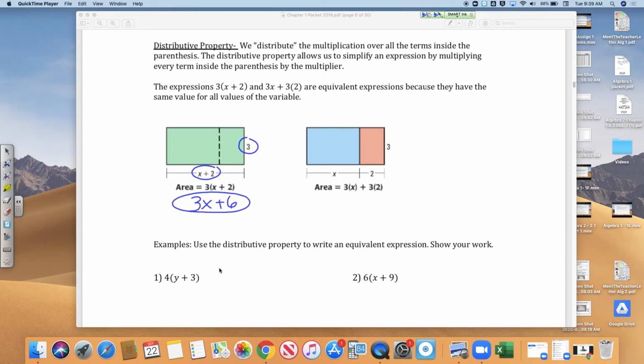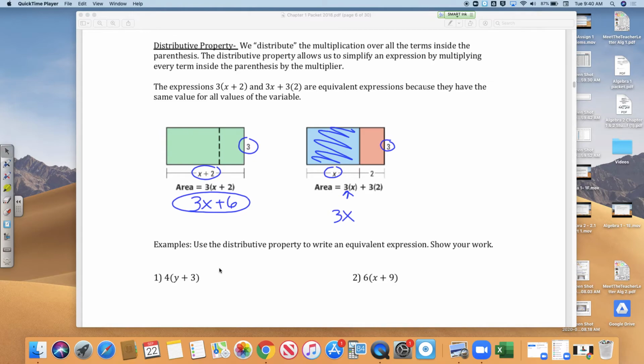All right, the next one, we can see here that it's showing a little different process of how to find the area, but it's the same exact rectangle. So it's showing you the way the distributive property works in that if we were to find the area of this part of the rectangle, one of the sides is 3 and one of the sides is x, so we would multiply 3x together to get that part.